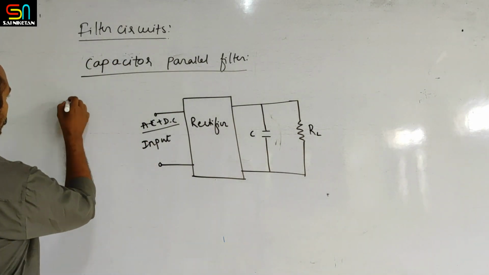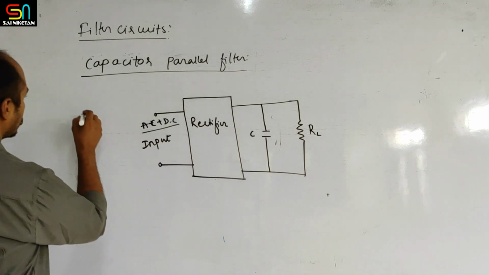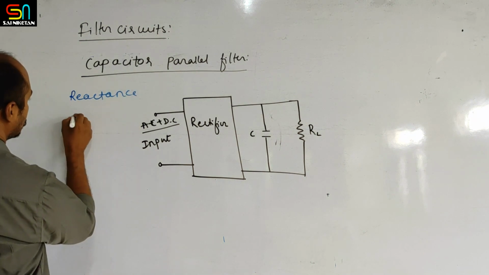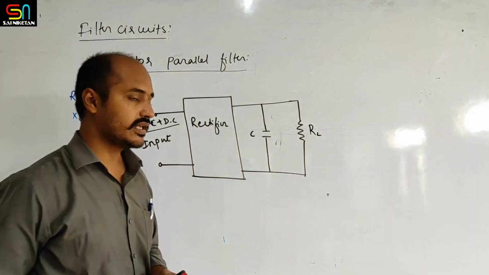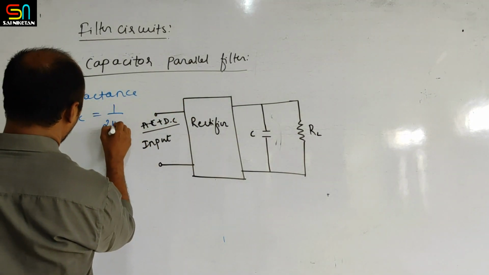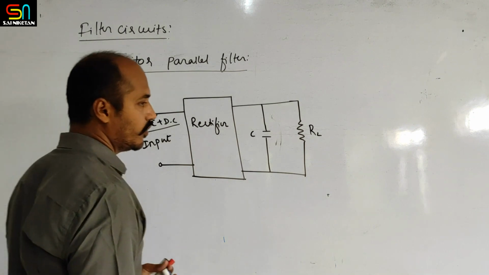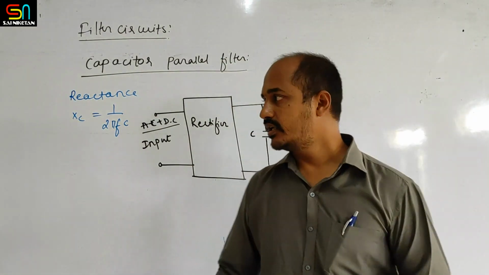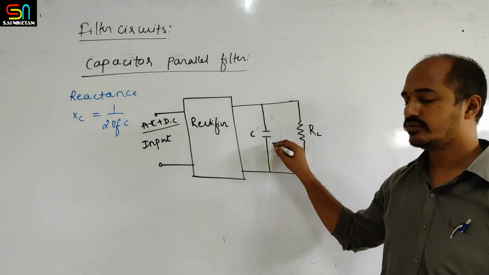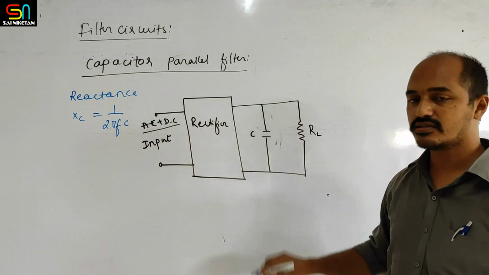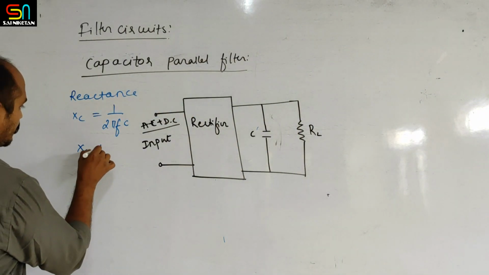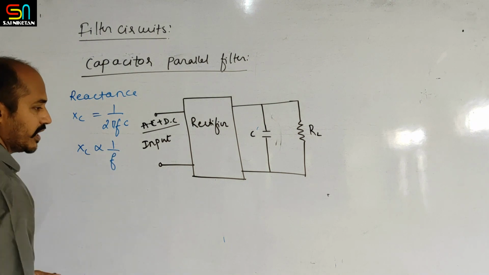Here its reactance XC can be written as XC equals 1 divided by 2 pi fC. This reactance is nothing but the resistance of the capacitor, and you can see this XC is proportional to 1 by f.